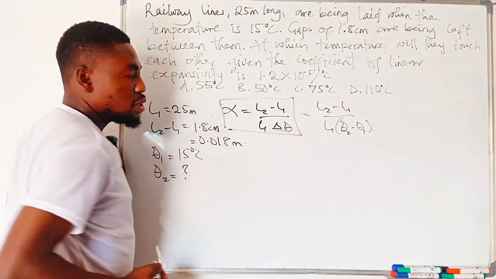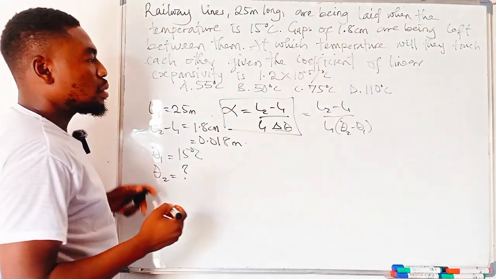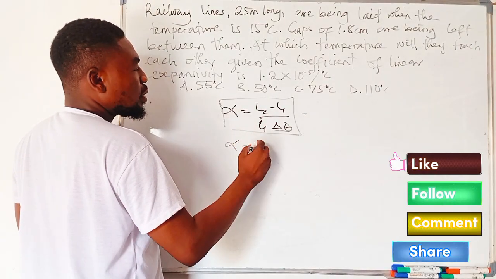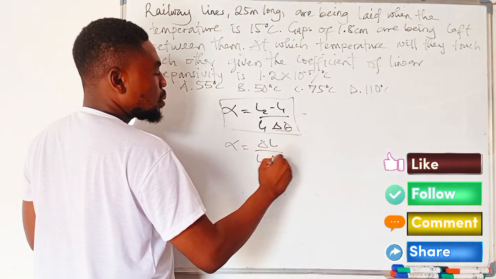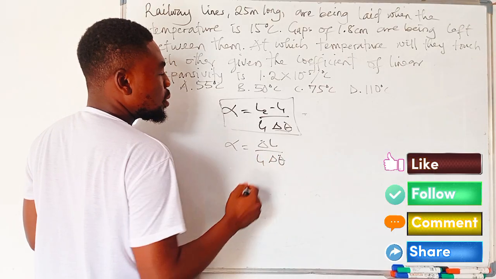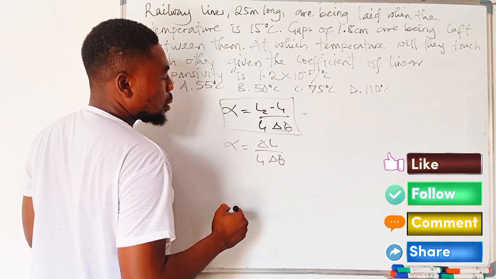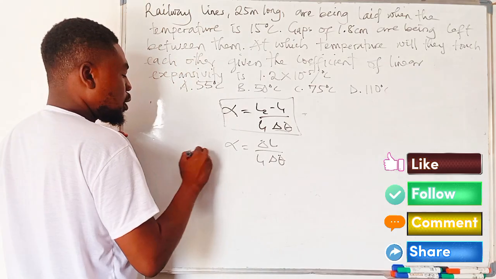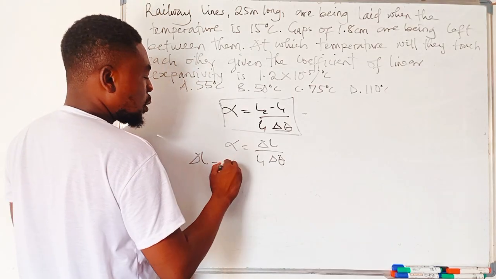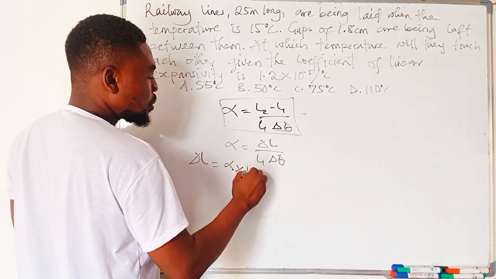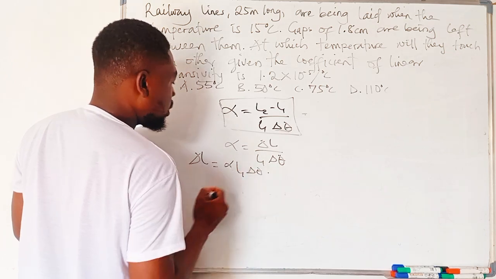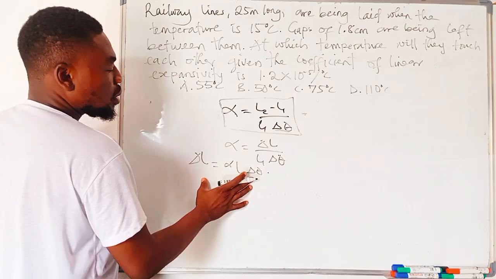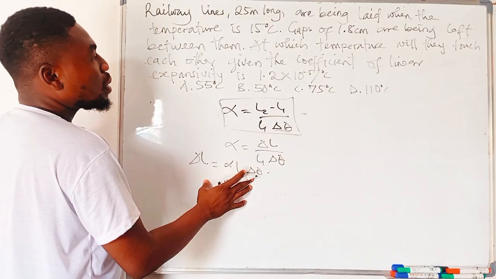So alpha equals change in L over L1 times change in theta. So change in L is equal to alpha L1 change in theta. We can use this now to get our theta 2.